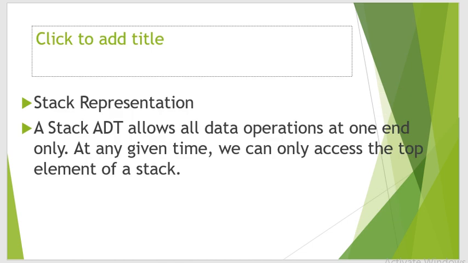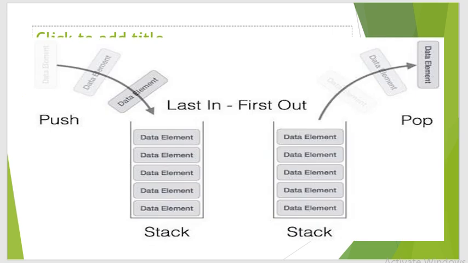Stack representation. A stack abstract data type allows all data operations at one end only. At any given time, we can only access the top element of the stack. The diagram shows the operations of the stack clearly. The stack is a last in first out or first in last out system.